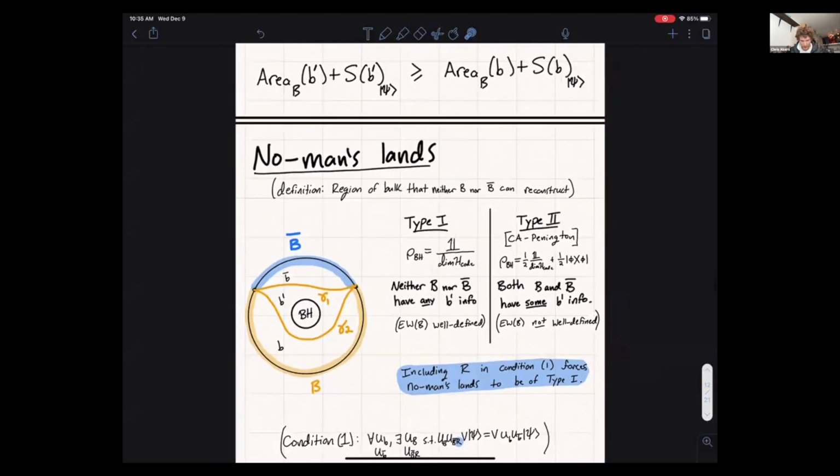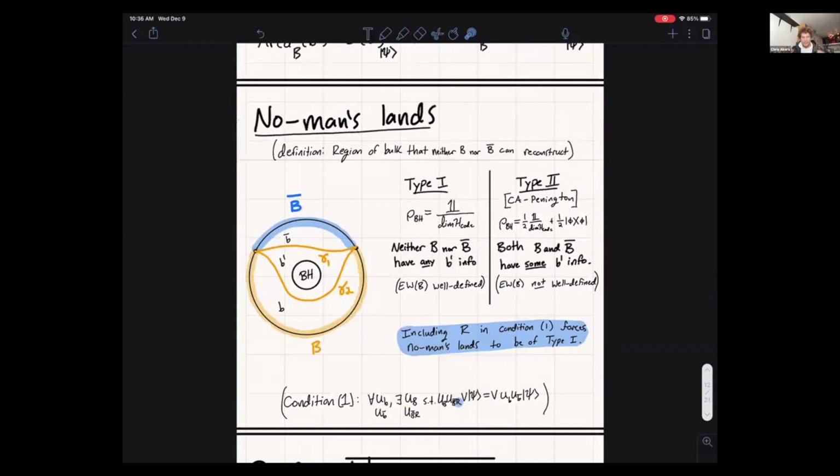No man's lands. I'm going to define a no man's land as a region of the bulk that neither capital B nor capital B bar can reconstruct. And there are two types. There's the type that most people are familiar with, which is exemplified by taking a maximally mixed state of the black hole. This is the same setup that I described earlier, where the entanglement wedge of capital B goes up to gamma 2, and the entanglement wedge of capital B bar just goes up to gamma 1.